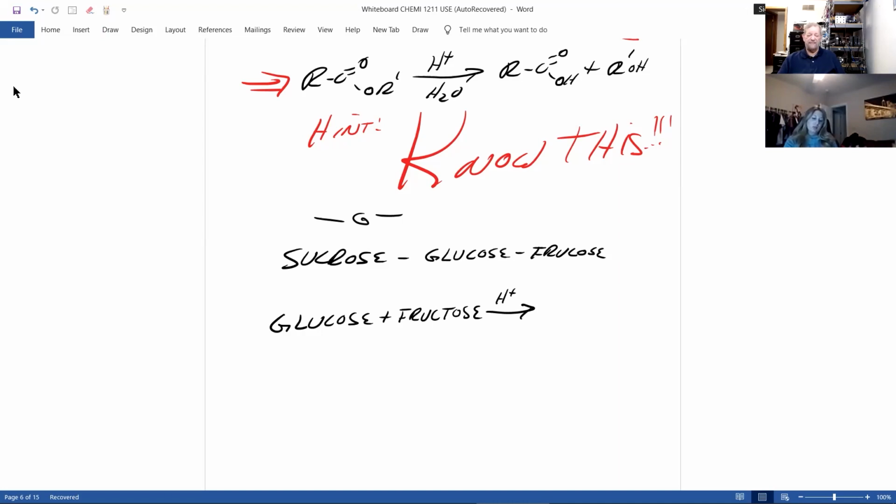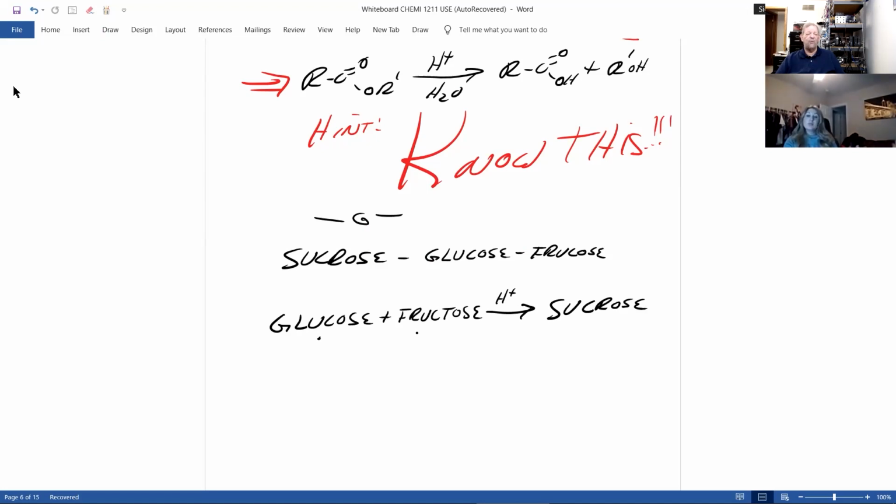And by the way, acid catalysts, what do we call those in our body? Enzymes. Most, not all, of the enzymes are very fancy acid catalysts, providing a form of H+. If you react glucose and fructose together, what do you get? You get sucrose.